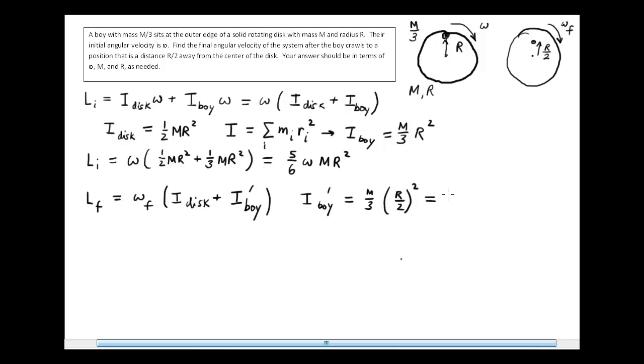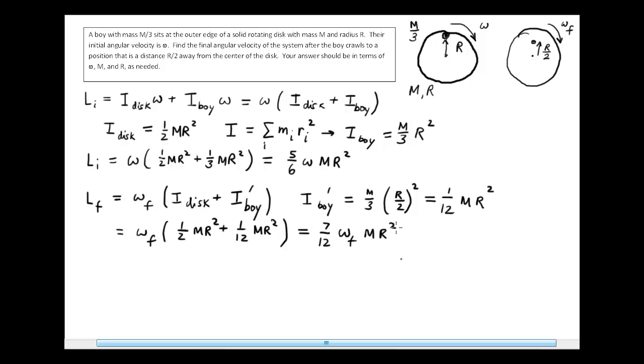So we square that, and we're going to get 1/12 m r squared when we multiply that out. So L final is omega final times half m r squared plus 1/12 m r squared, and that's 6/12 plus 1/12, which is 7/12. So we get 7/12 omega final m r squared.